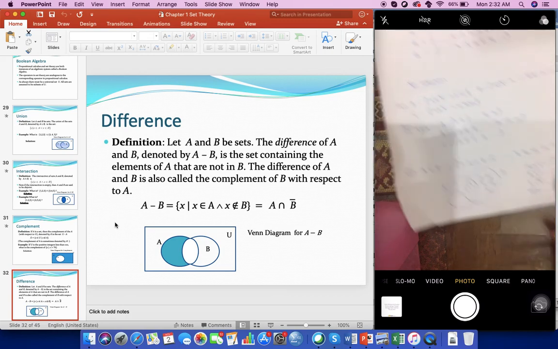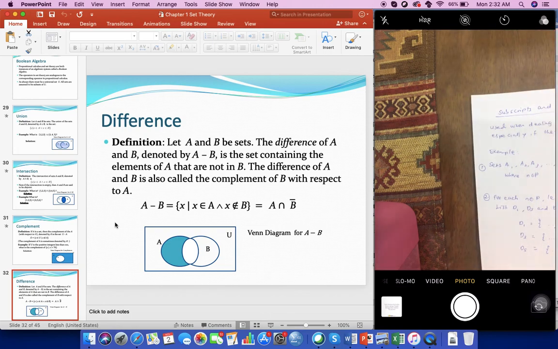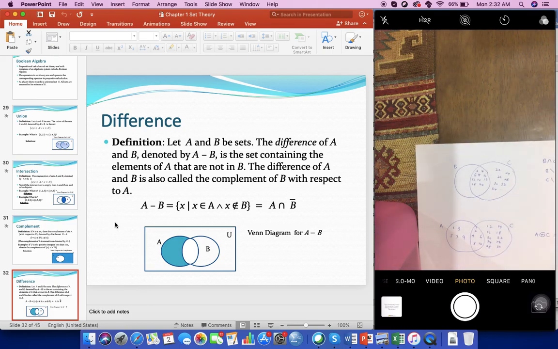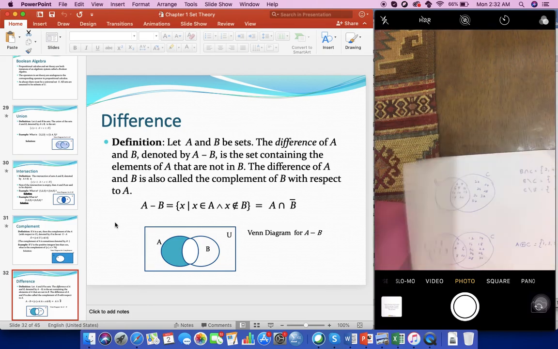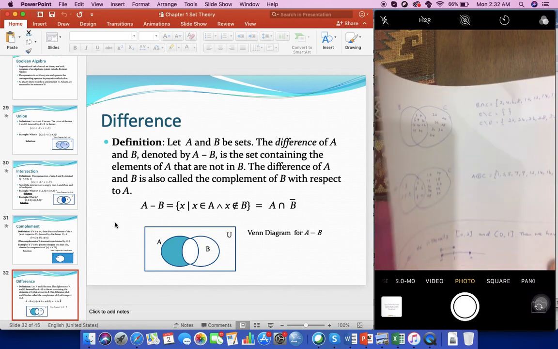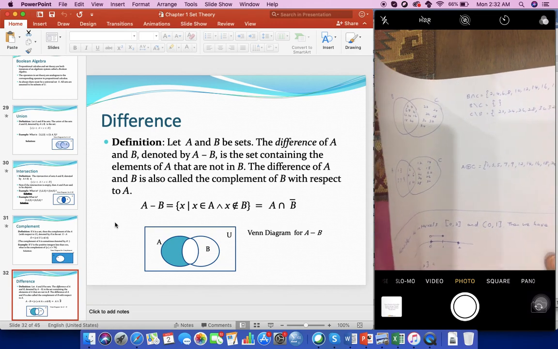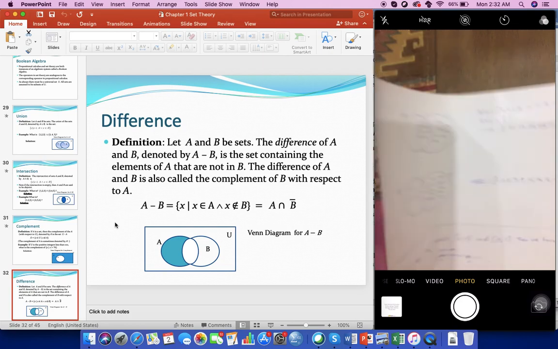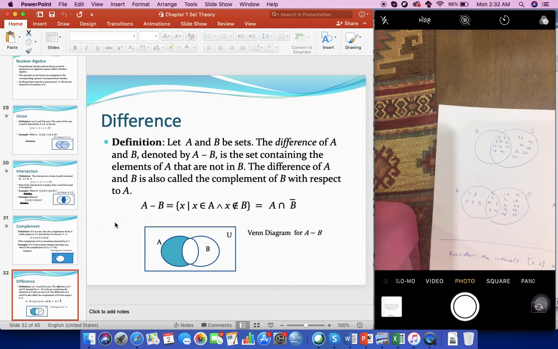Okay, let's take a look at another example. We have the second example, the same as this example.